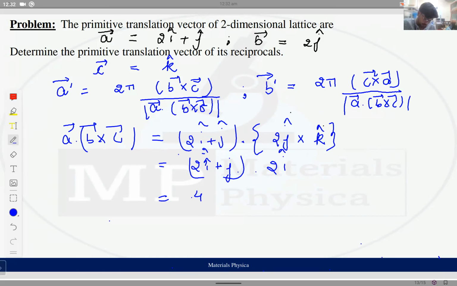And we can also calculate b cross c and c cross a. b cross c: the value of b is 2j, cross, c is k, and j cross k is i, so it is 2i.